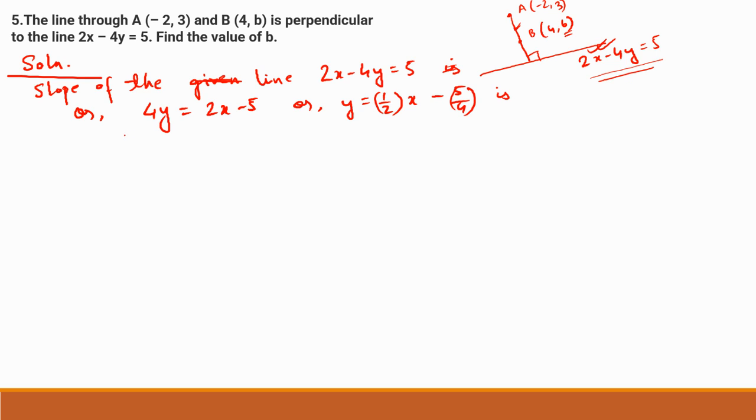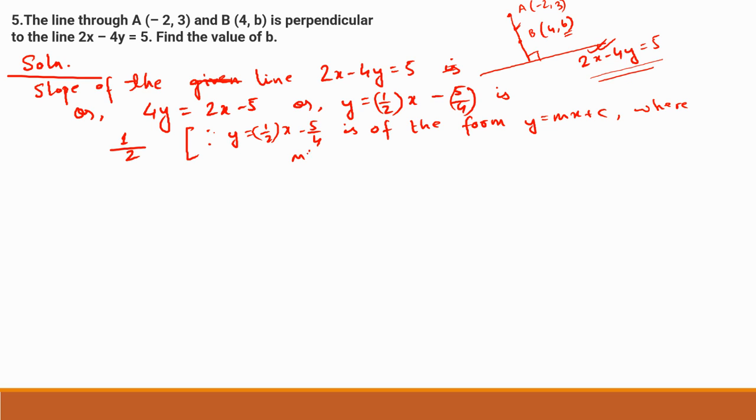The slope is half, since y equals half x minus 5 by 4 is of the form y equals mx plus c, where m is the slope of the line, and c is the y-intercept. Alright, so now you got the slope as half.